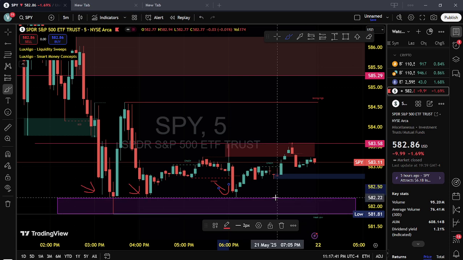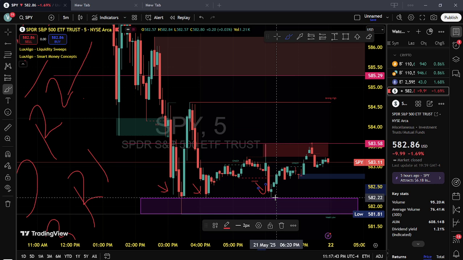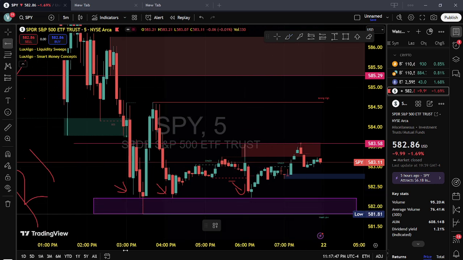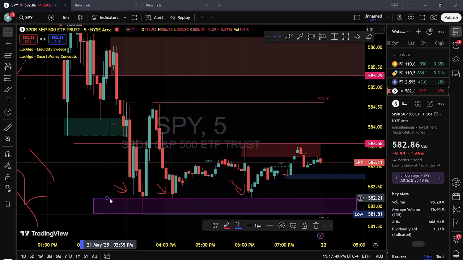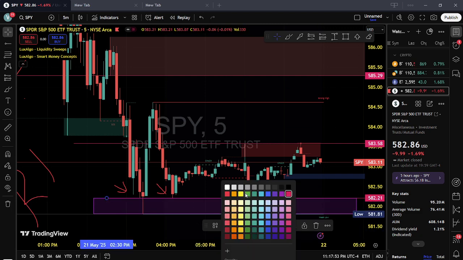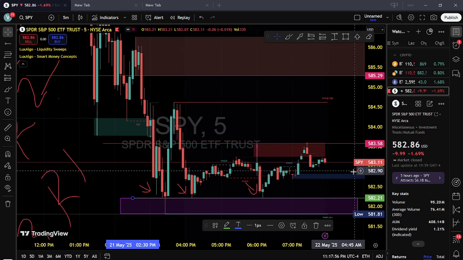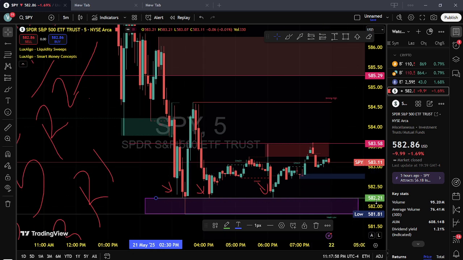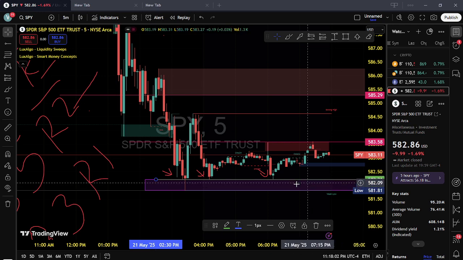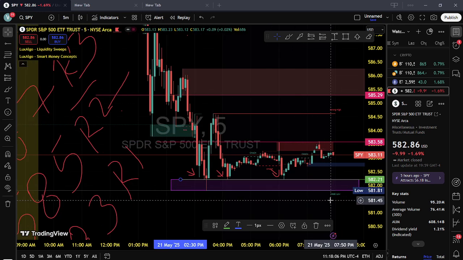Which is our 582.22. So I would consider this particular level, 582.22, a good buy zone. I will mark this as green, right? So 582.21 was a good consolidation zone and a support right now.